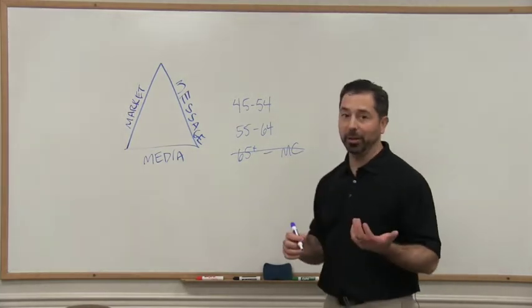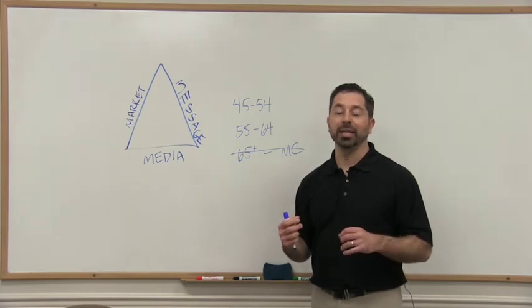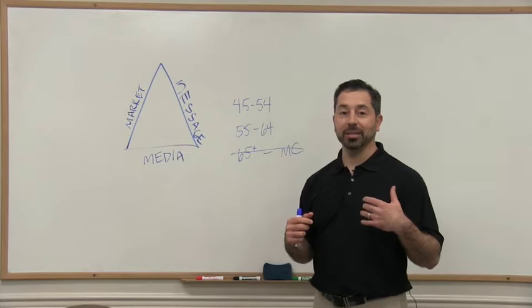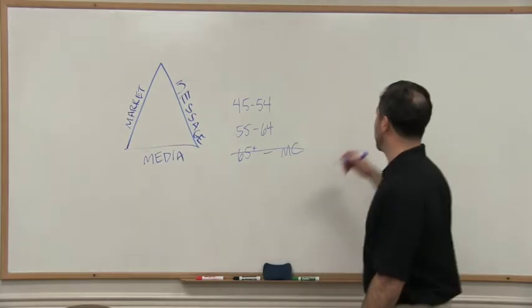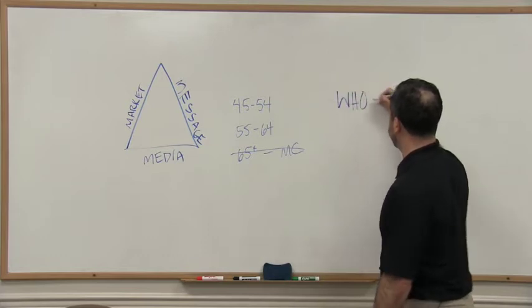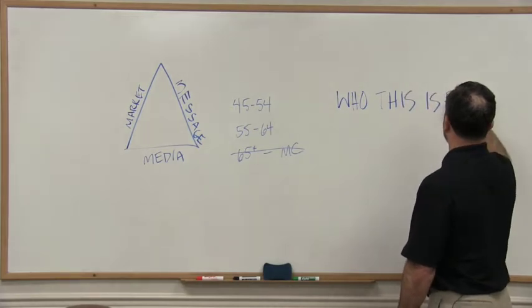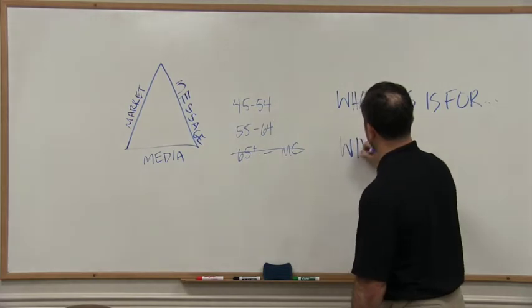And there's a little formula that I want to share with you here today that you can always use in your ad to not only attract who you want to attract, but also to repel who you want to repel. And the formula is this. It's who this is for, and who this is not for.